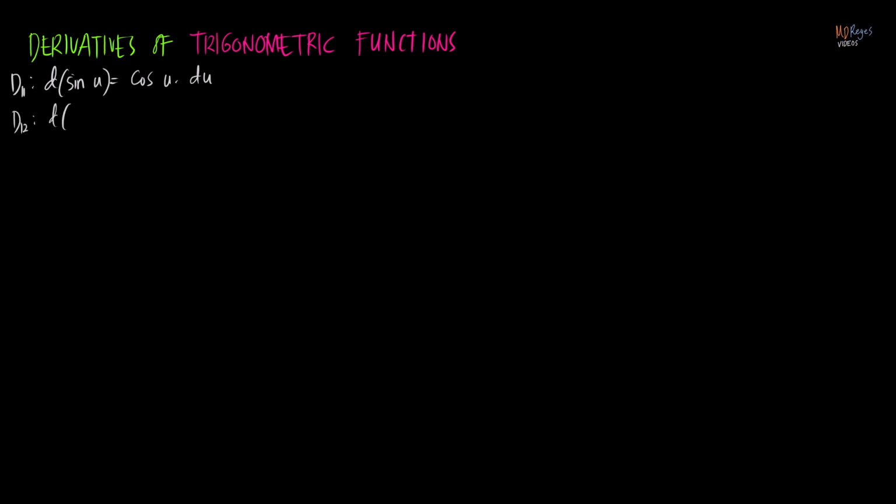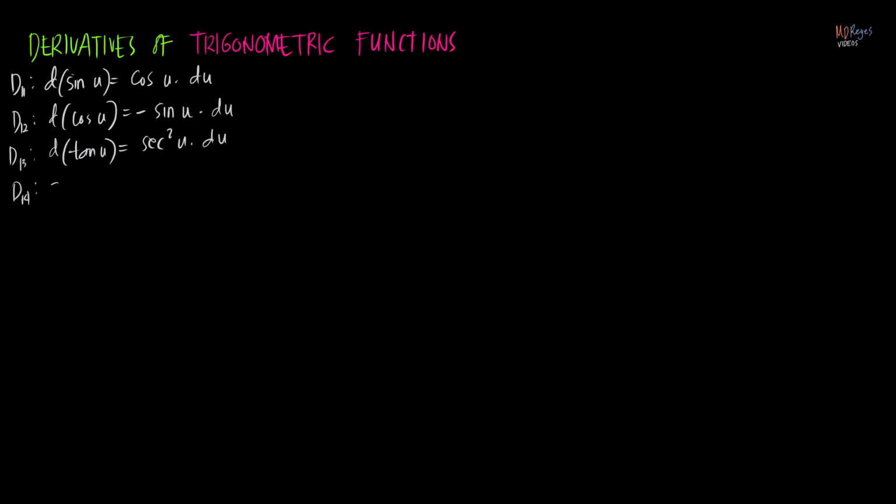For the derivative of cosine of u, it is equal to negative sine of u times du. The derivative of tangent of u is equal to secant squared of u times du.